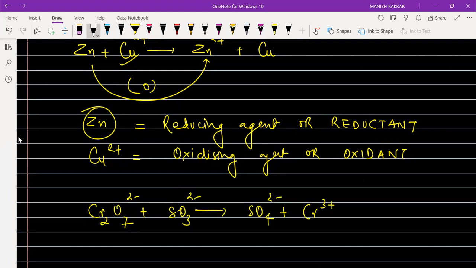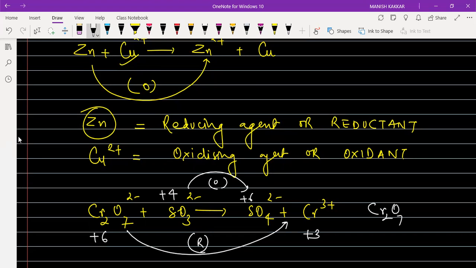Like suppose in this example chromium is present in +6, chromium is in +3. So what is happening? I will say it is getting reduced. Sulfur from +4 is getting oxidized to +6. So this is oxidation. Okay. So dichromate ion in this is actually behaving as oxidizing agent, and sulfite ion in this is behaving as reducing agent.